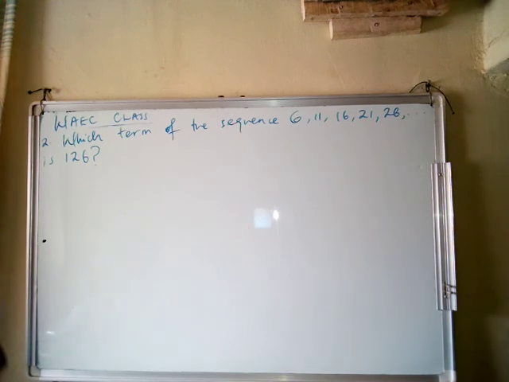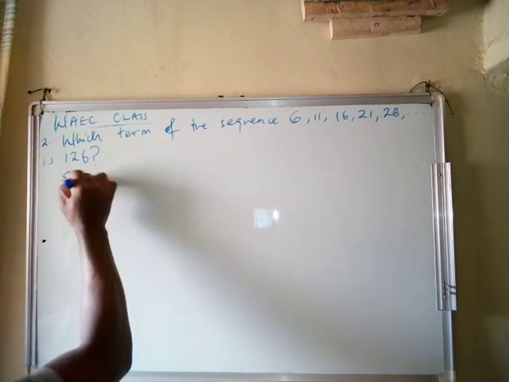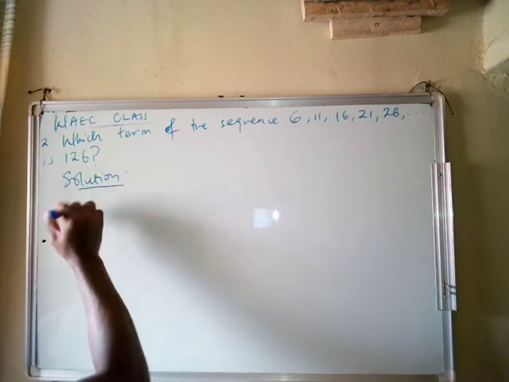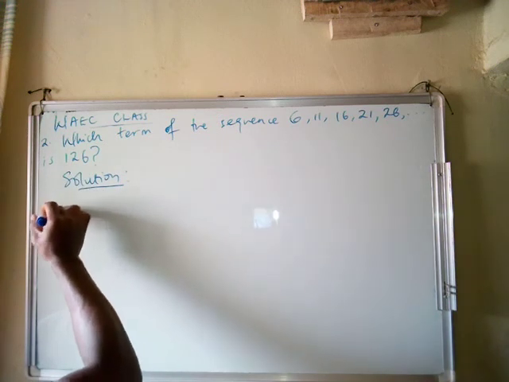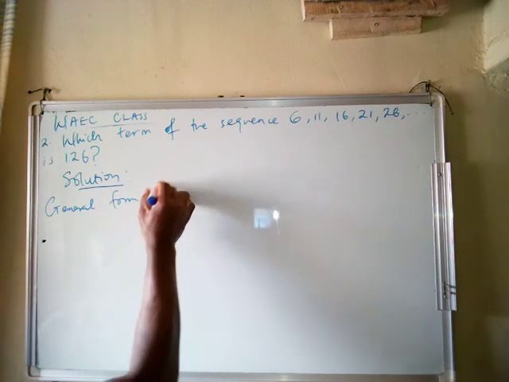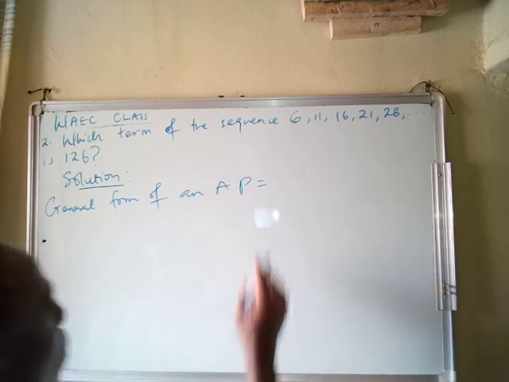Alright? So let's see what we do. Remember, the usual thing you will do, the first thing you do, please, is to write out the general form. So the general form of an AP is equal to what?